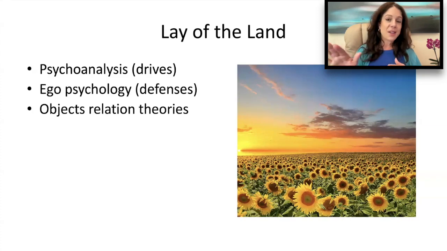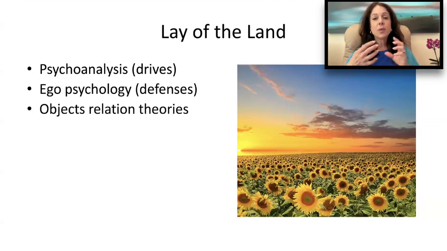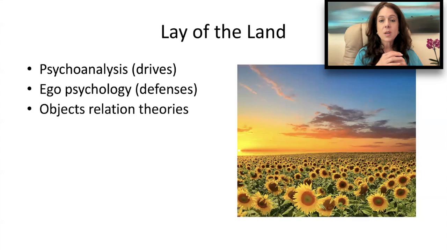So it's the laying on the couch stereotype with psychoanalysis and ego. Object relations is really where it moved into a two-person relationship, and we'll talk more about that. But this is where we get the concept of secure attachment from. So that's object relations, and it really shifted what psychodynamic looks like from the drive theories and ego psychology.